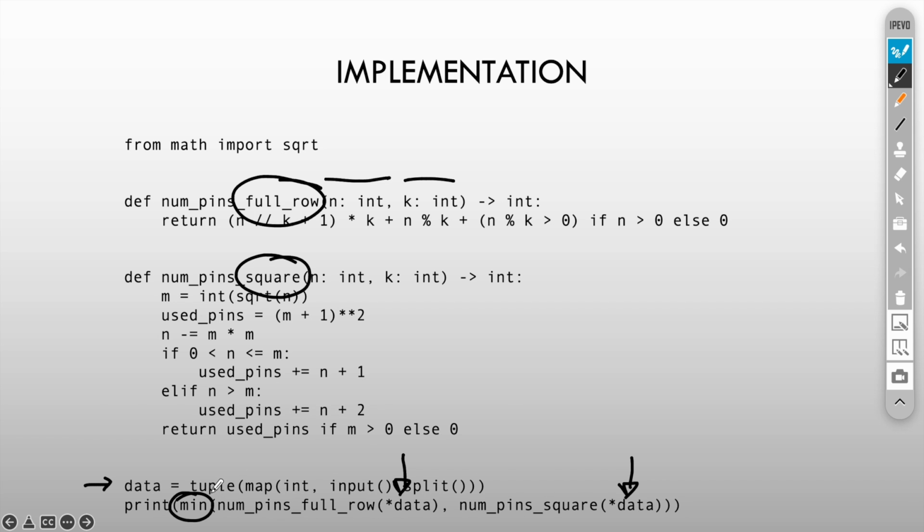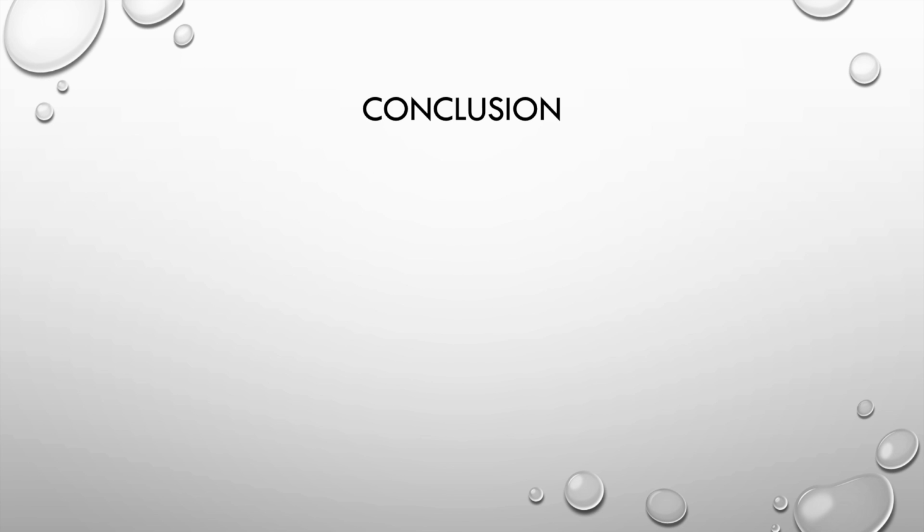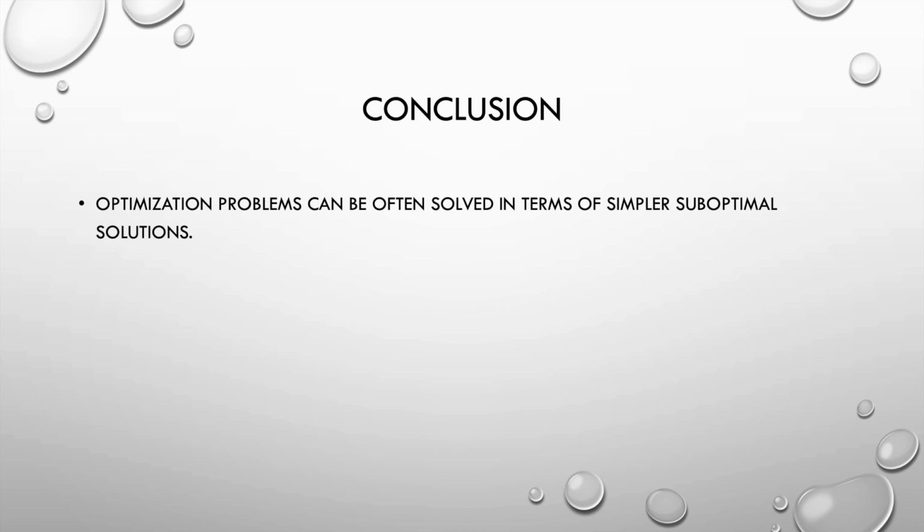This is a combiner essentially. The beauty of a hybrid algorithm is that this combiner can be trivial. In our case, min. So we don't need to worry about when to use a full row strategy, when to use a squared one, what are all those complex rules that we need to know in order to make a unified algorithm. What can we conclude from this video?